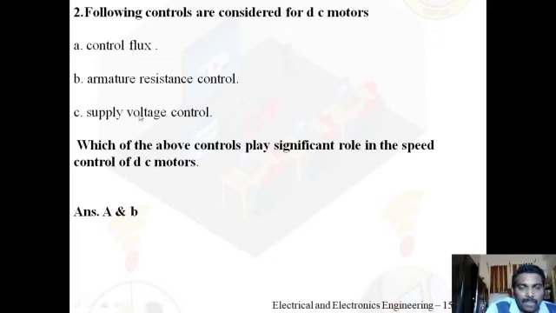The other is the supply voltage control method, which is the electronic speed control also. That is option A and C you can take. Here it is not B; A is the flux control method, C is the supply voltage control method.